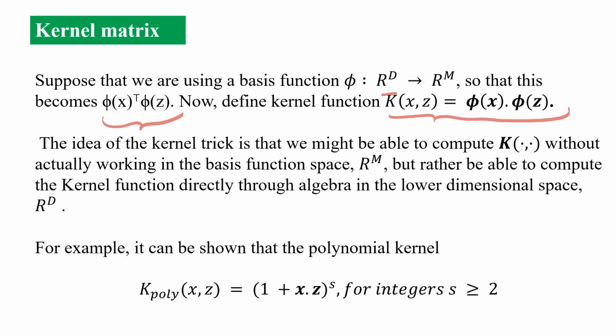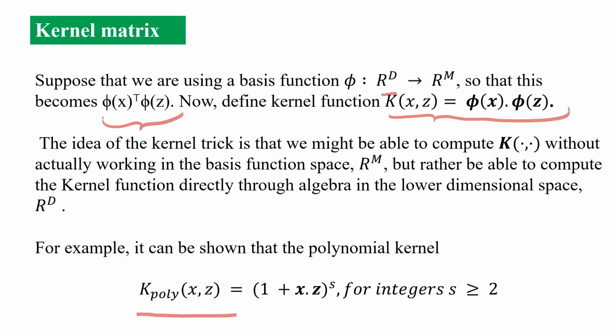The idea is that we might be able to compute this kernel function without actually working in the basis function space Rm, but rather in the Rd space. So that is our ultimate aim, that we are doing the computations in a lower dimension space.